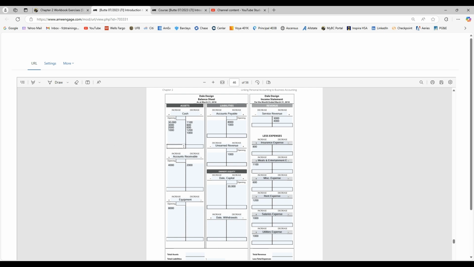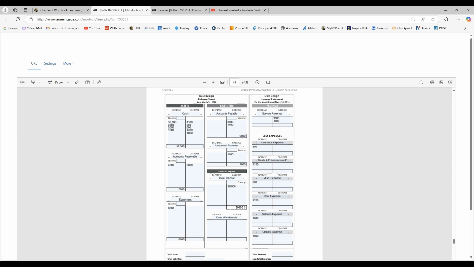And so when you go through all the math there, you will end up with a $31,300 cash balance at the end. Here we had a 4,000, and again we reduced it by half because we received half of the payment. Just one purchase of equipment there. This one's easy math. Items there to be recorded.